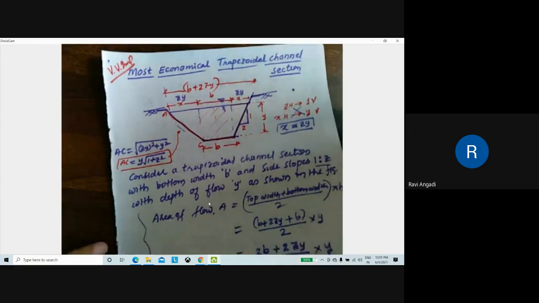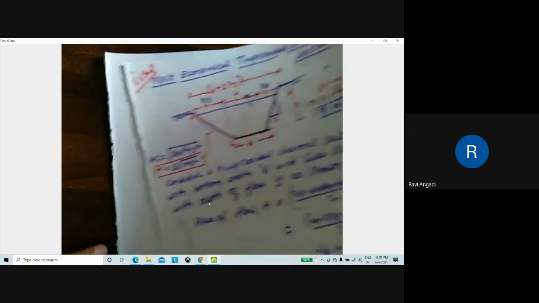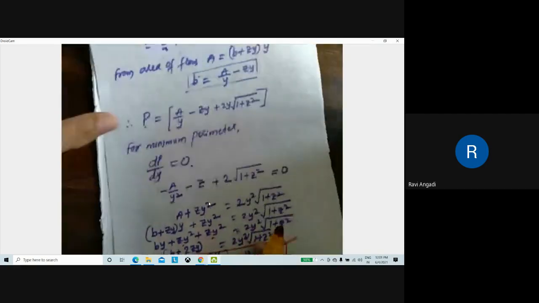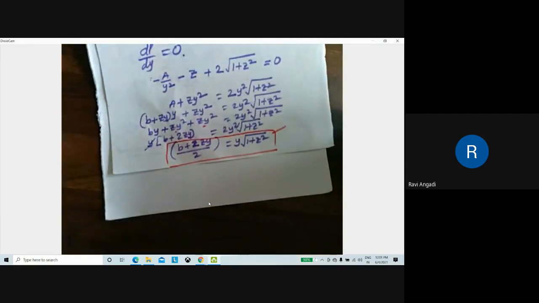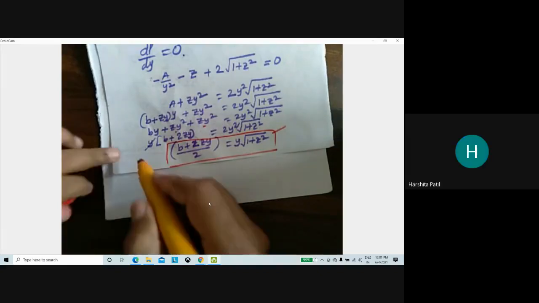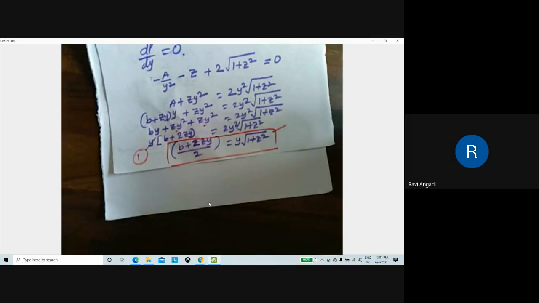What should be the first condition to achieve a most economical trapezoidal section? Can anyone tell the first condition for a trapezium in a sentence? No, you should not say it like this.